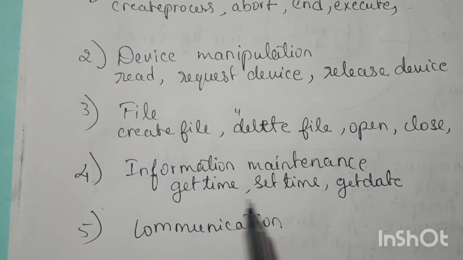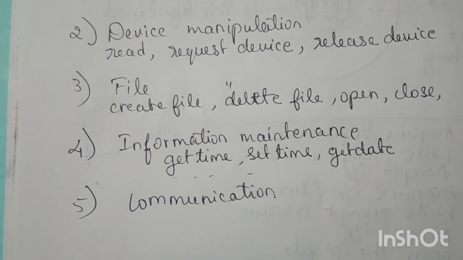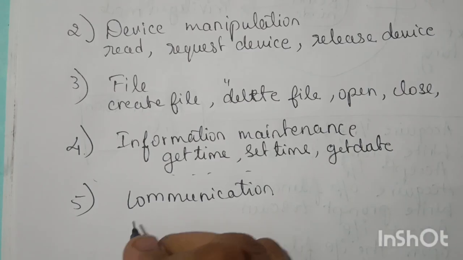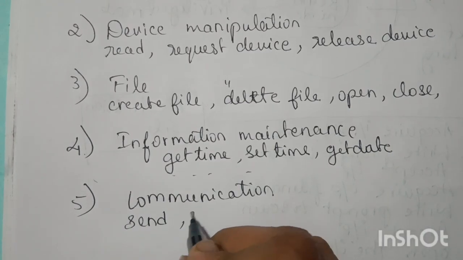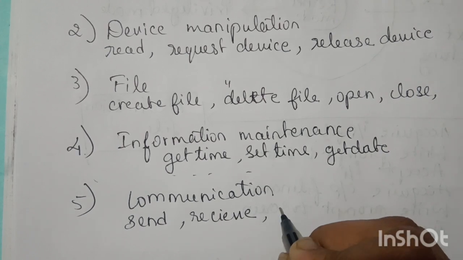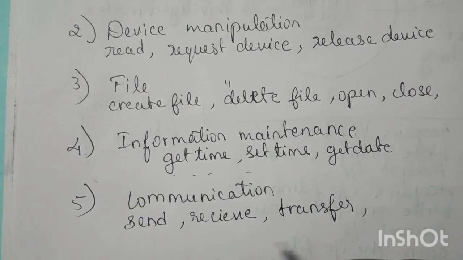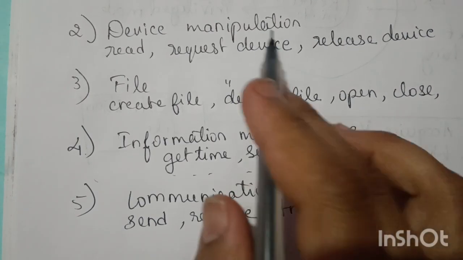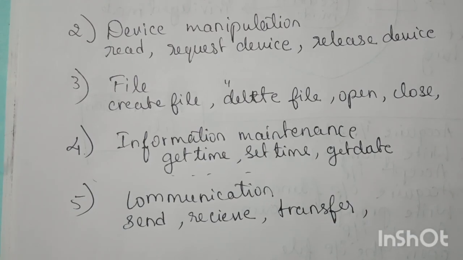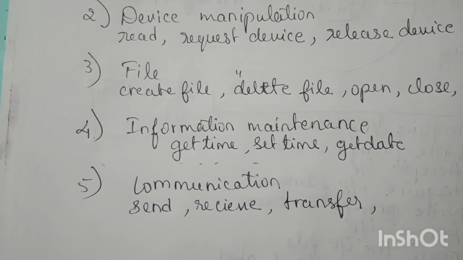Then for communication, it's about connections, how you communicate: mainly sending and receiving messages, so send, receive, transfer. You can refer to the textbook, but try to write at least 6 to 7 examples for the types of system calls. This makes your entire 10 marks for system calls.